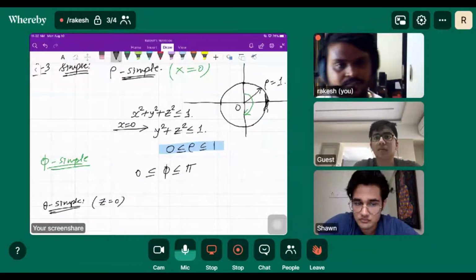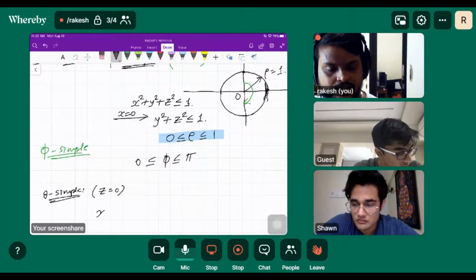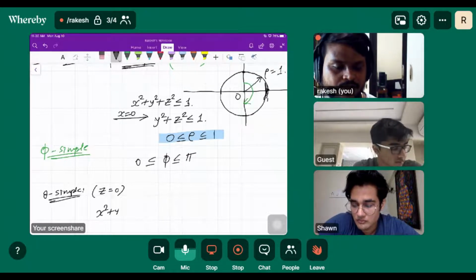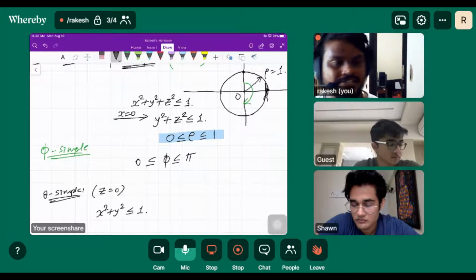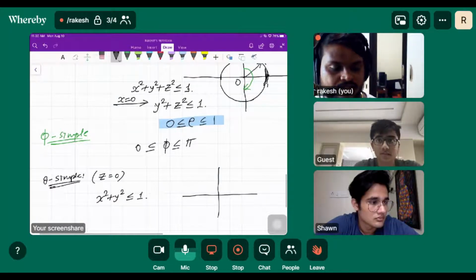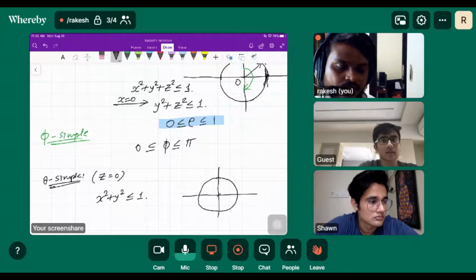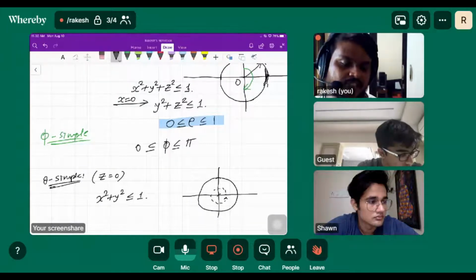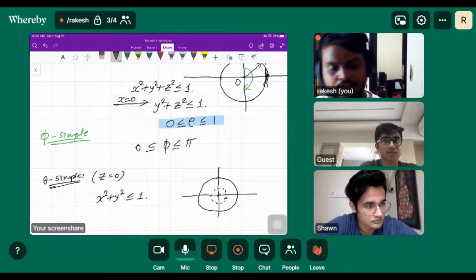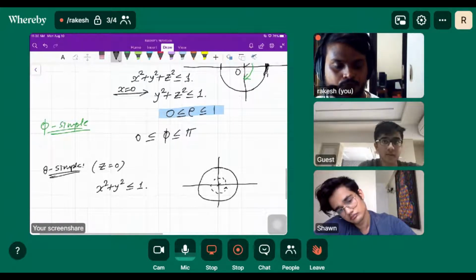When we put z equal to zero in the given surface, our surface would be x square plus y square less than or equal to 1. This is again a disk whose center is at 0, 0 and radius 1. In this case the angle is from 0 to 2 pi, so the lower and upper limit of theta is from 0 to 2 pi.